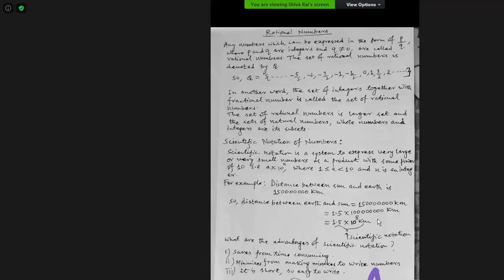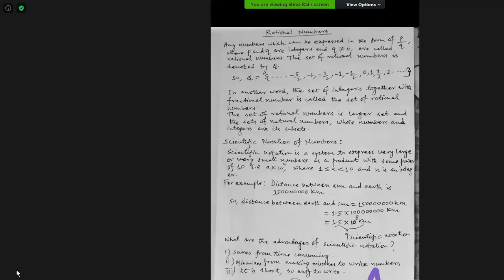How to define the rational numbers? Let's know here also. Any number which can be expressed in the form of p upon q, where p and q are integers and q should not be equal to 0, the denominator should not be 0, is called a rational number.